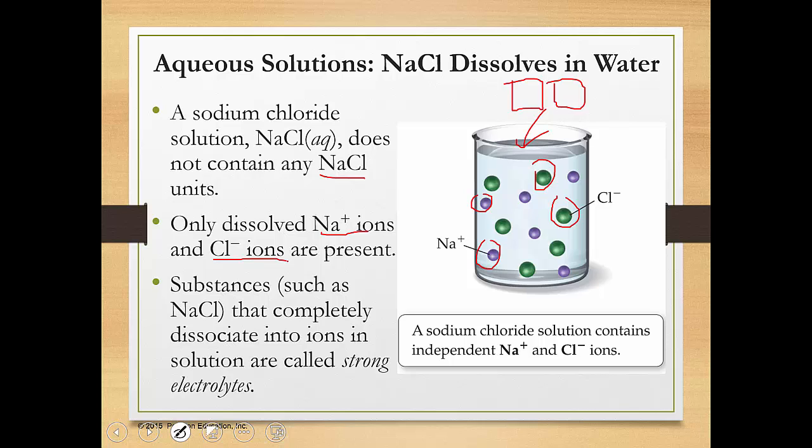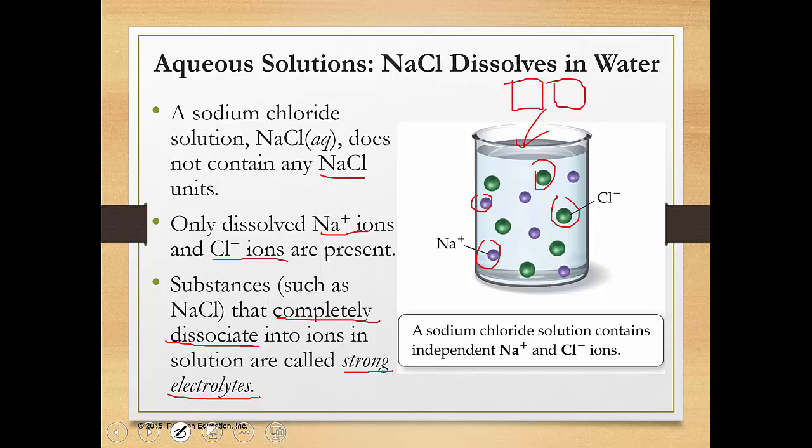Now, when that happens, when you get a substance that completely dissociates into ions in water, this is what is called a strong electrolyte. And you can imagine a strong electrolyte has lots of ions.